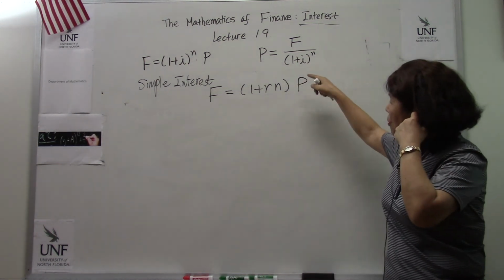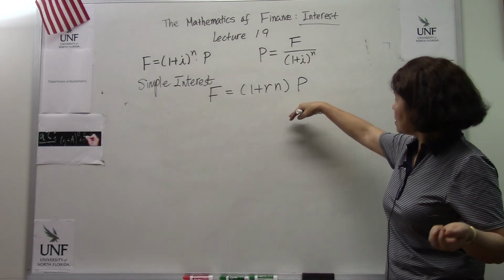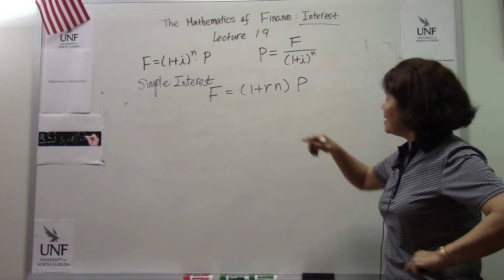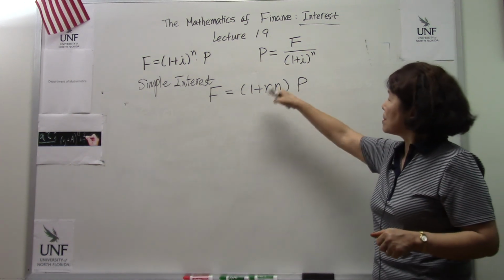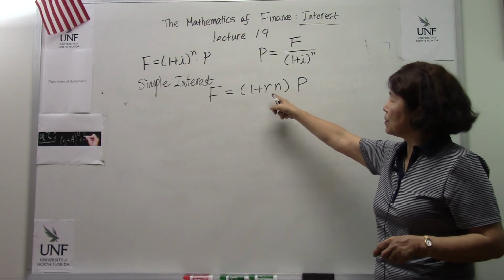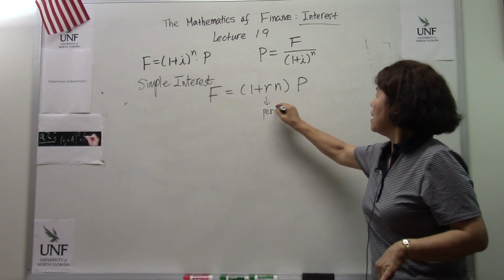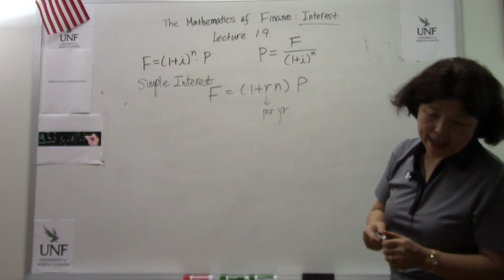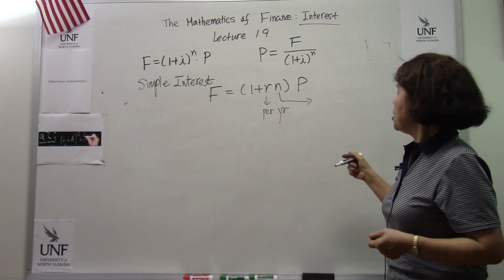An exponent means it's compounding. There is no compounding effect, therefore no power here. R and n are the same as before. We never used R directly in the formula before, but for simple interest R is always per year. And n is here.